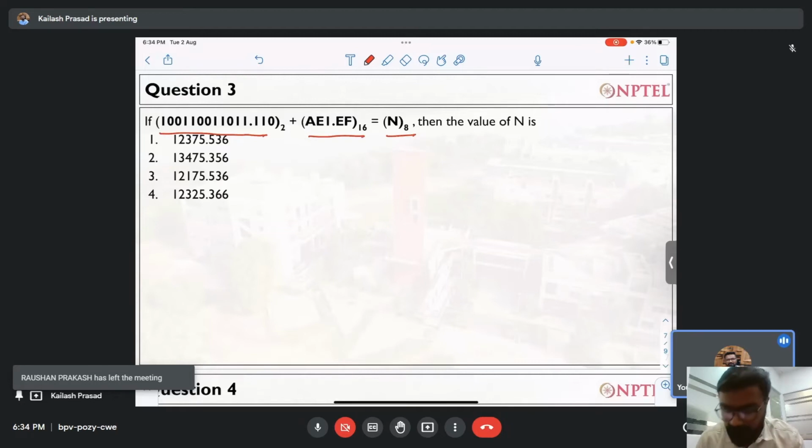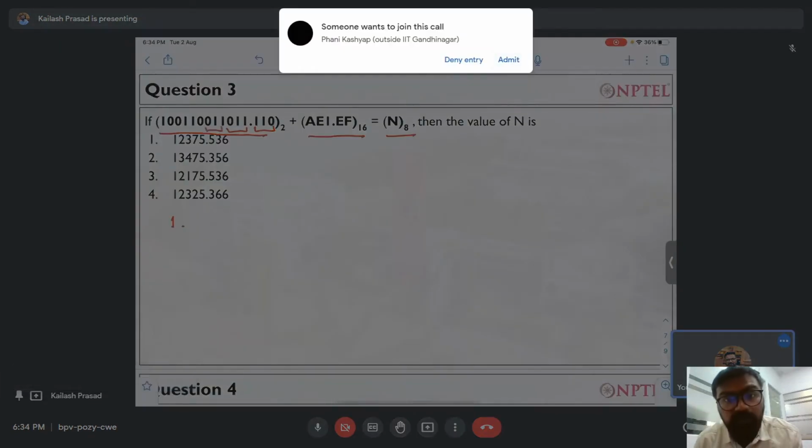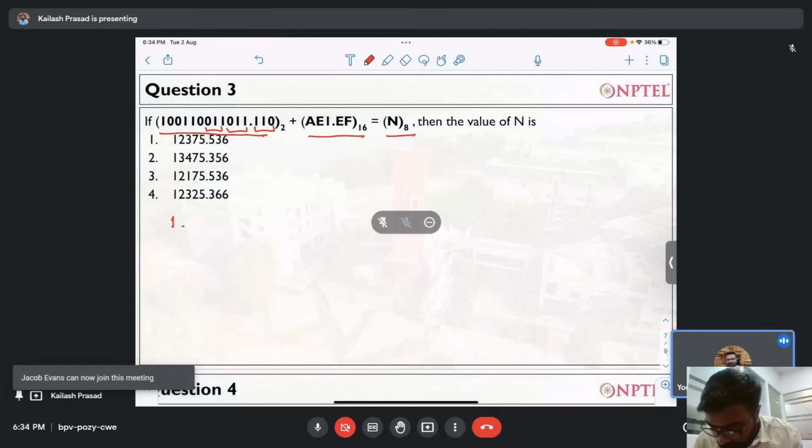Let's start with the very first one. You know that if any number has to be converted into octal, you have to make groups of three. So this is a group of three, then this is a group of three, and similarly like this.